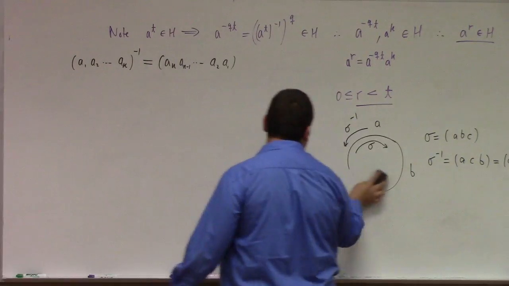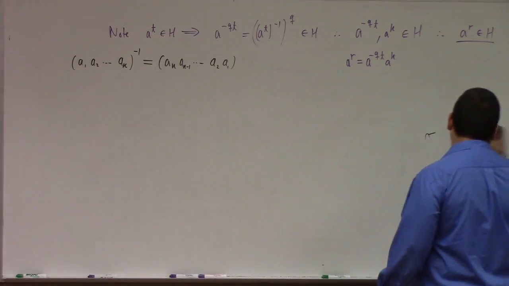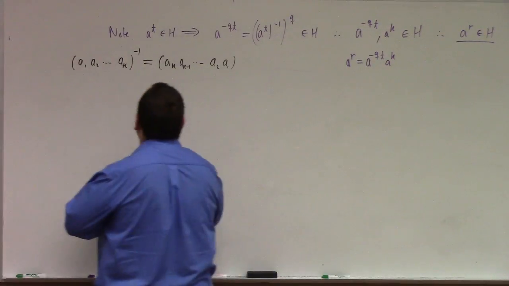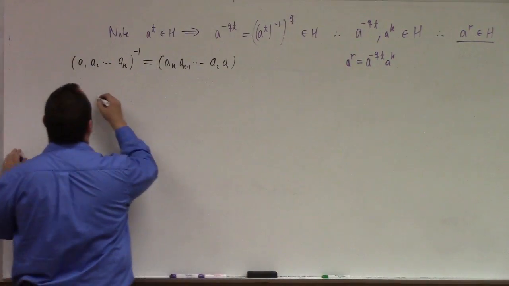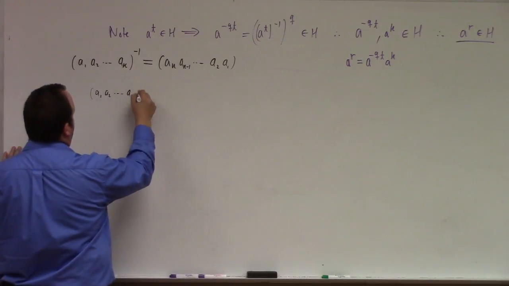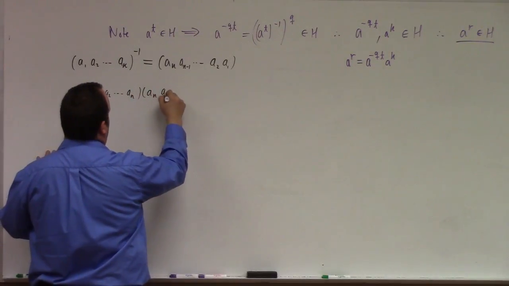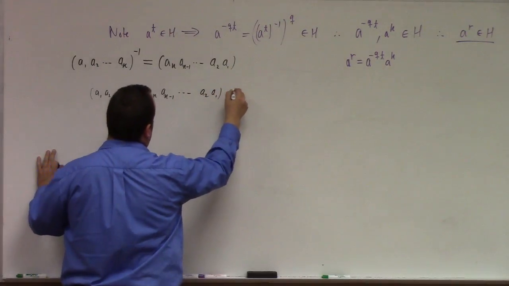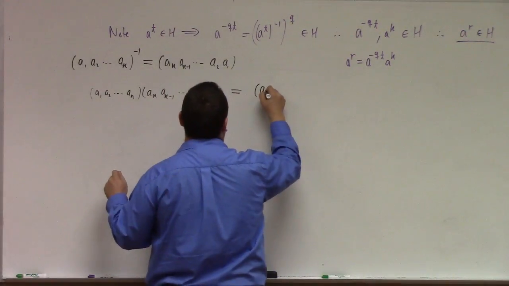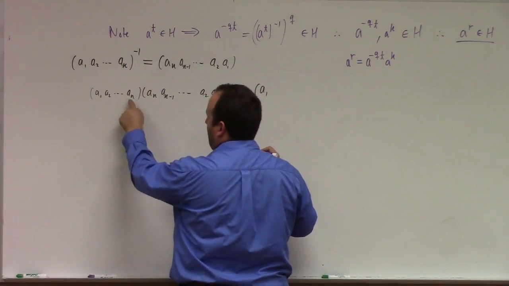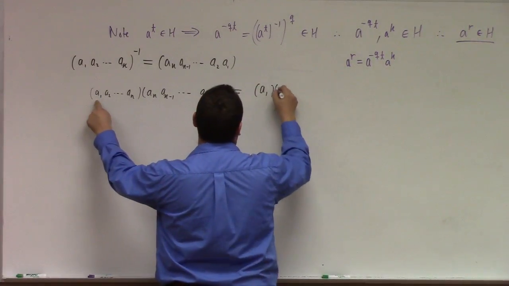Now, where this starts to get fun, you just write them in opposite order. That's great, but that only works if it's what? All right, so let's start with A1. A1 goes to AK. AK goes to A1.